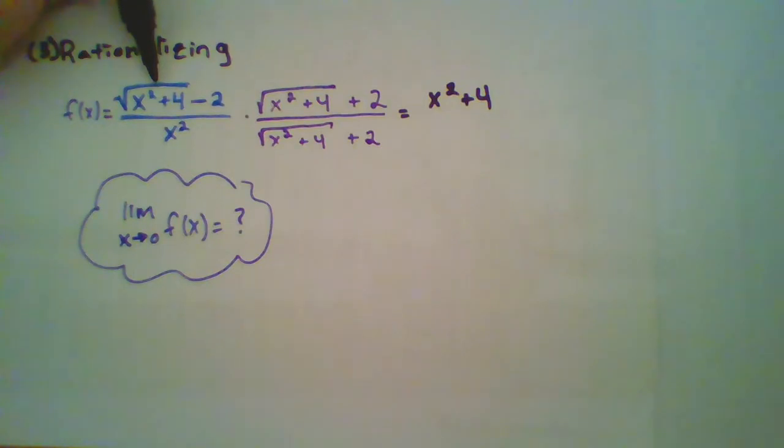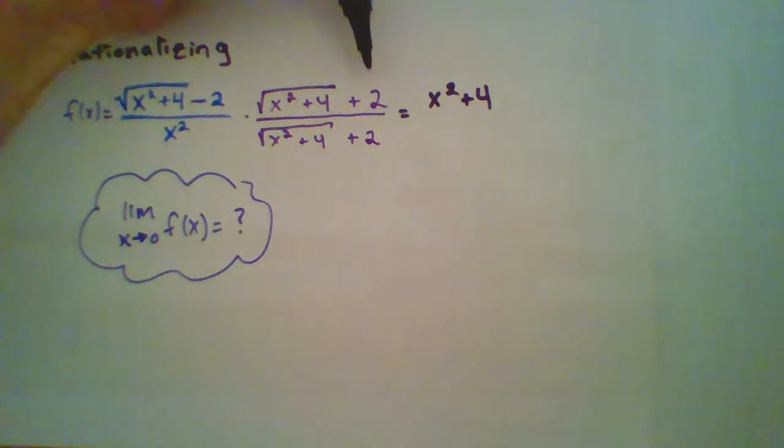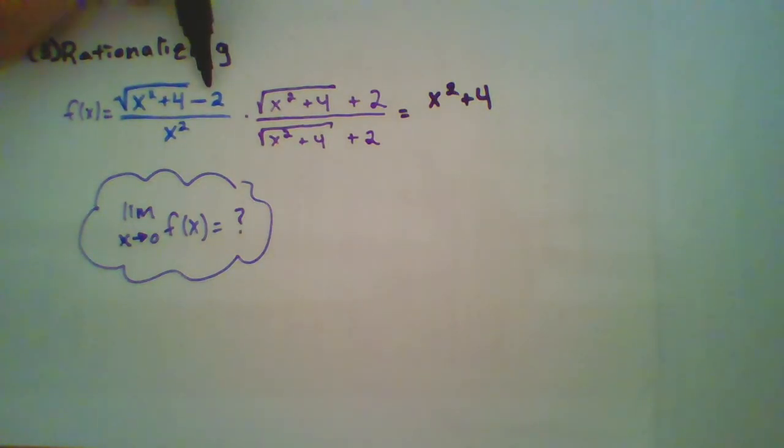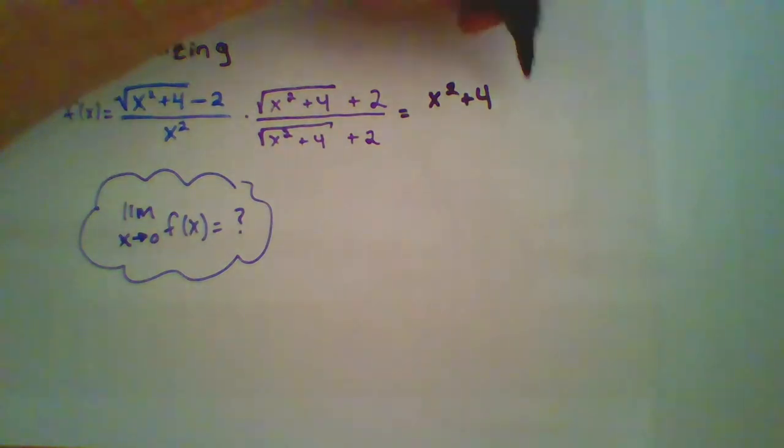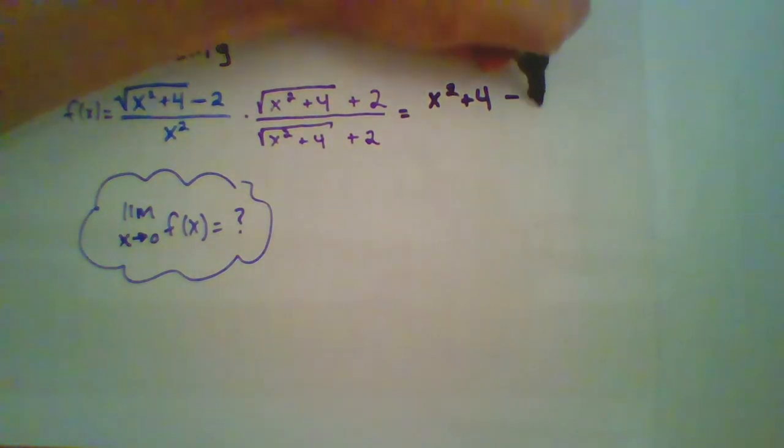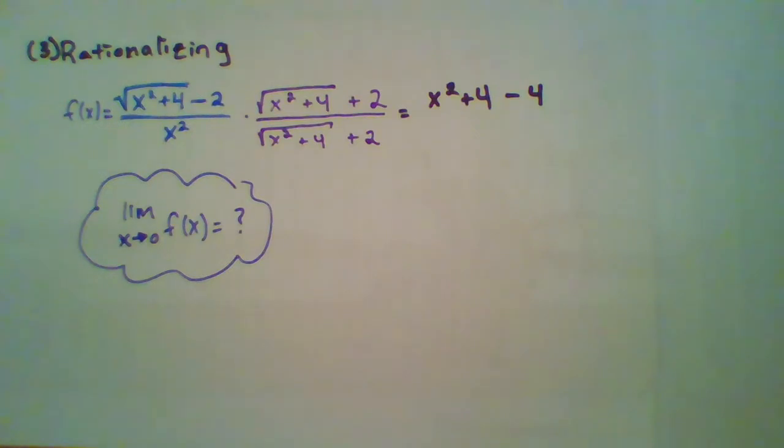If you were to multiply the radical part by positive 2, and multiply the negative 2 by this radical part, you would find that those two terms cancel each other out. I'm not actually going to write all of that out. If you don't believe me, feel free to write out the whole thing. But this is really the difference of two squares formula. And then the last two terms we have to multiply out are the minus 2 and the plus 2. So that would equal negative 4. So that's what we get in the numerator.